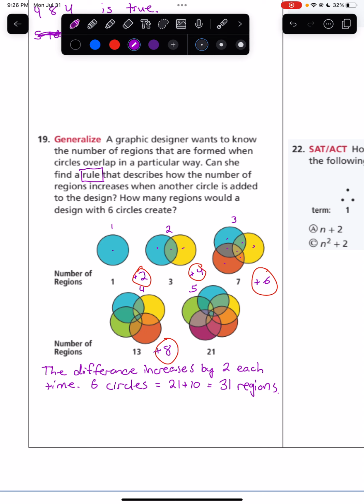So something with an x squared or an n squared, in this case for number of circles. In this particular one, it's n squared minus n plus 1. So for example, for 2 circles, it'd be 2 squared minus 2 plus 1, which would give you 3 regions. For 5 circles, it'd be 5 squared minus 5 plus 1, which would give you 21 regions.